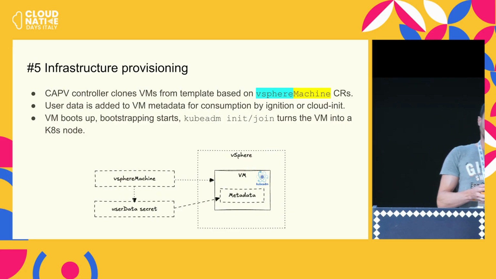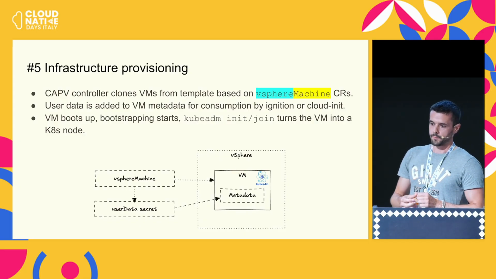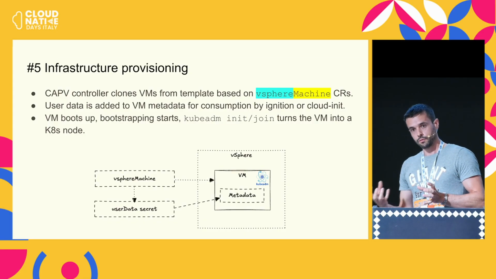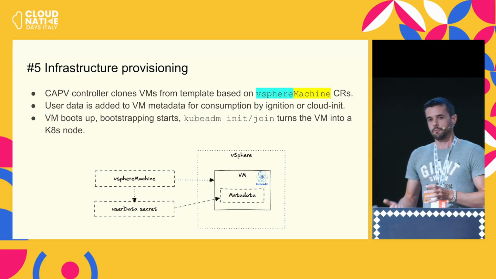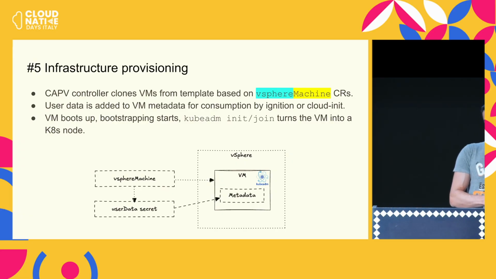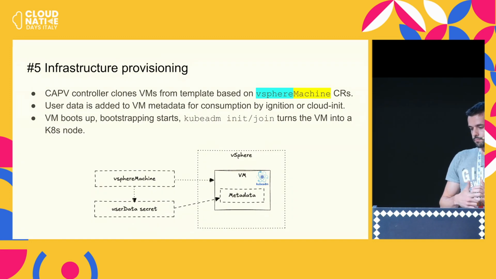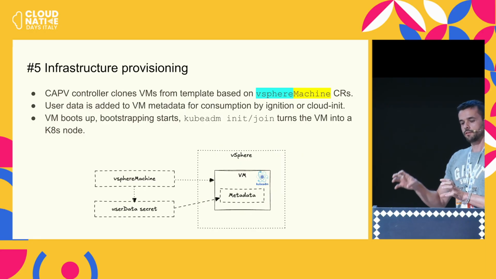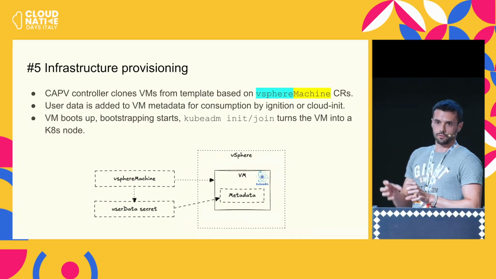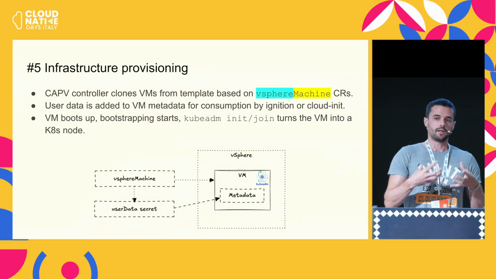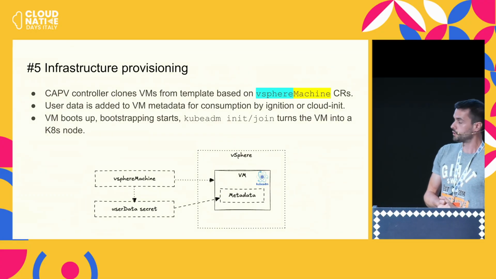It's going to pass that user data as metadata to the VM. It uses a specific field that can be used by the VMware tools inside the guest OS and by the logic embedded in Ignition for Flatcar, CoreOS, or Cloud Init. We are going to use a specific data source for VMware that will look inside the VMware tools guest properties, grab the data, and initialize the machine using that.